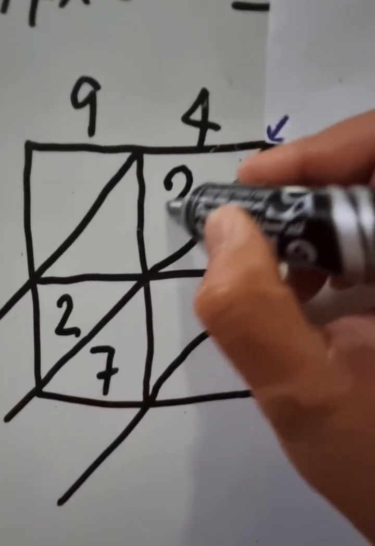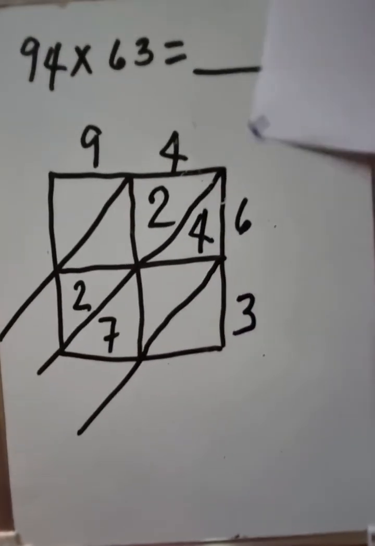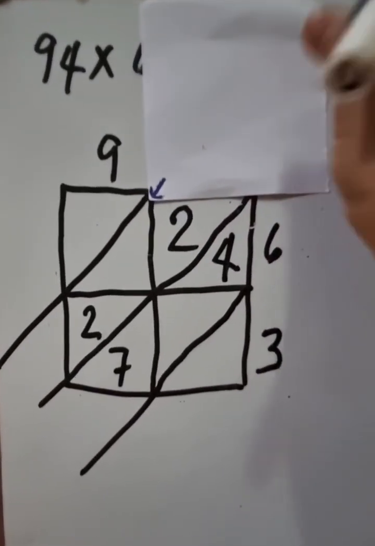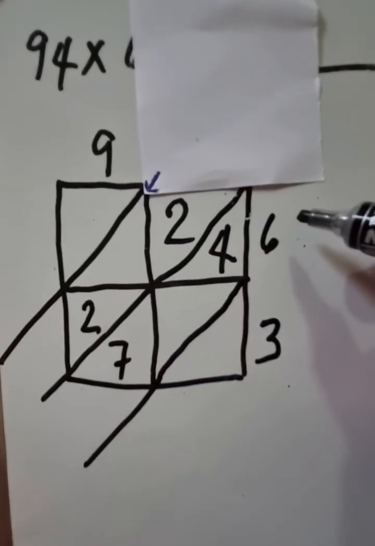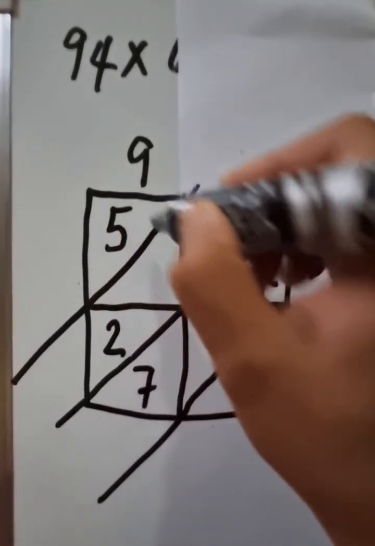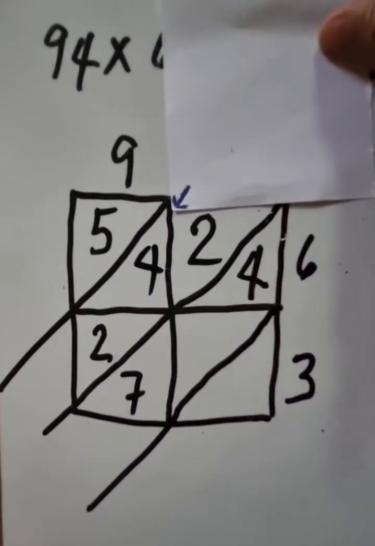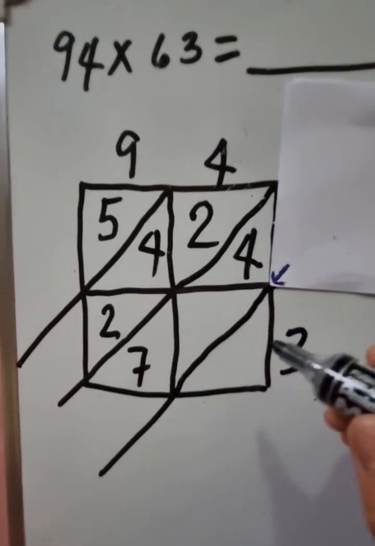So we're going to write in here 24. Next, we have to multiply 9 times 6, which is 54. And we're also going to multiply 4 times 3, which is 12.